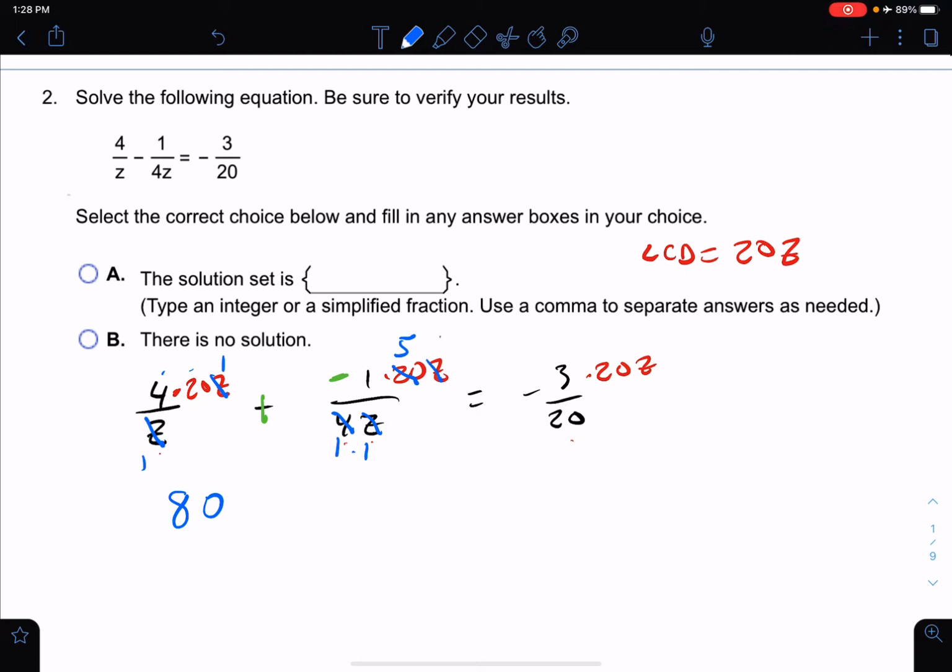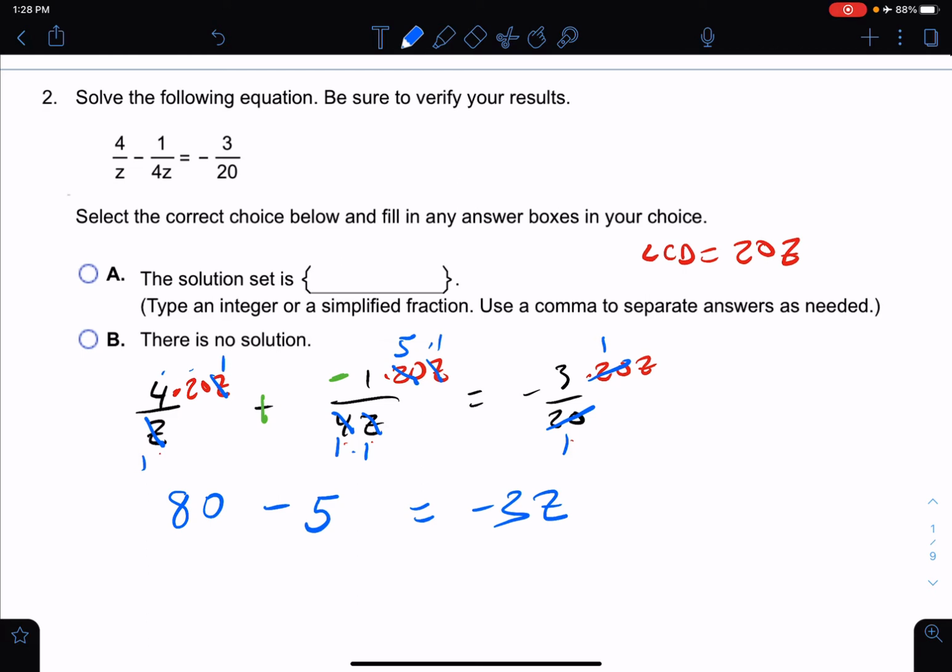And we're left with a negative 5, aren't we? And continuing on the right-hand side of the problem, we have a common 20, so 20 goes into 20 once, leaving us with negative 3 times z, which is negative 3z.